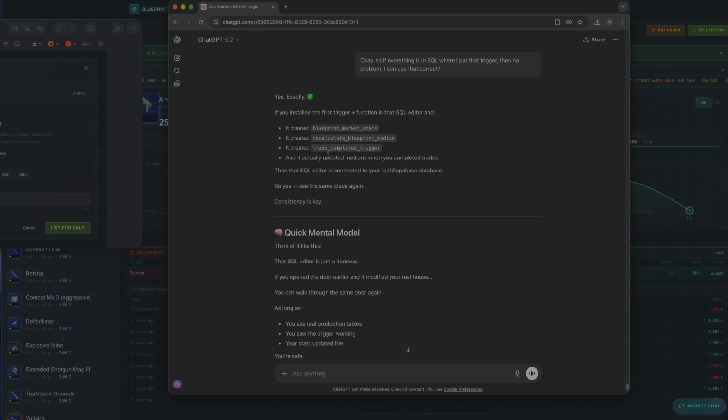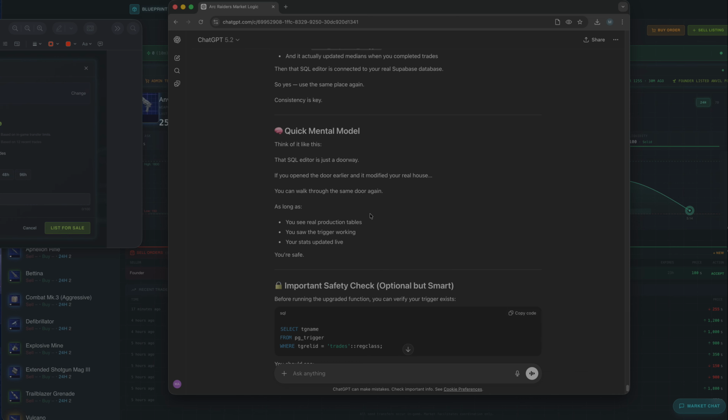You installed the first trigger and function in the SQL editor and it created a blueprint marker. Okay, now I understand what it's telling me. It might have confused me a little earlier, just the wording it used. Just double check the logic. It only makes sense if you installed that first trigger function in the SQL editor and it created it.